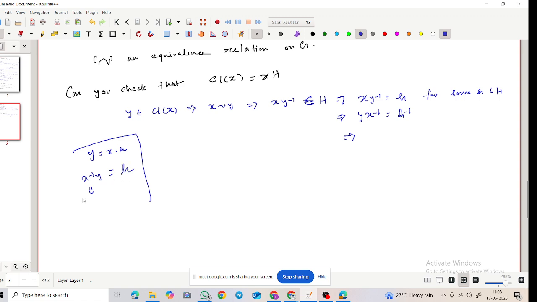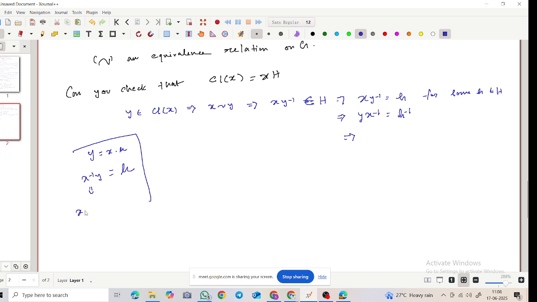So I need this. If I take the inverse, what do I get?